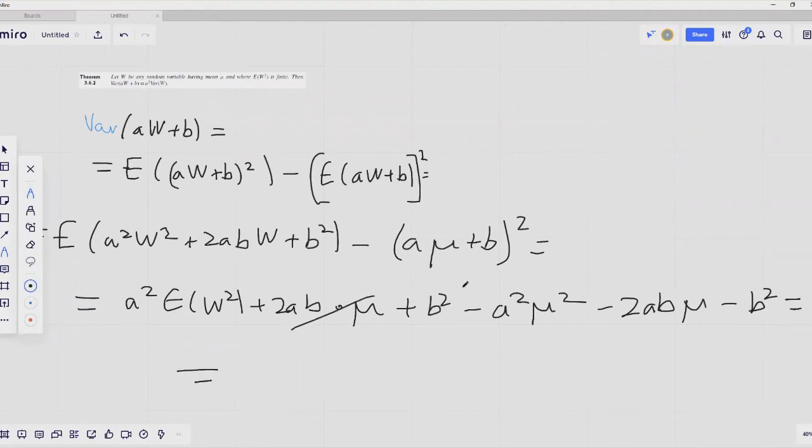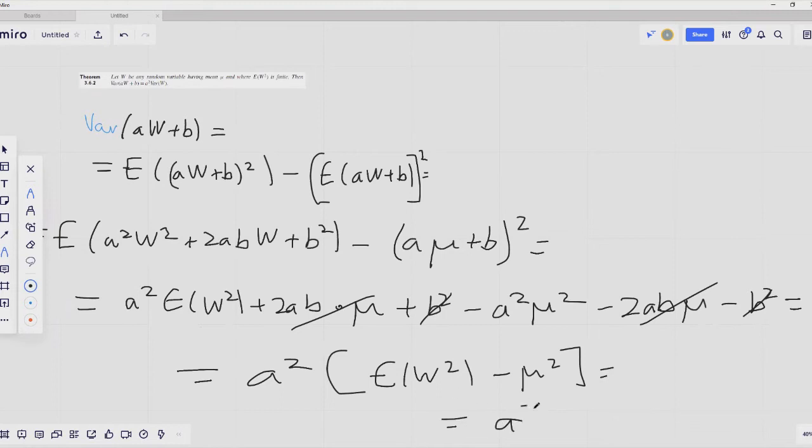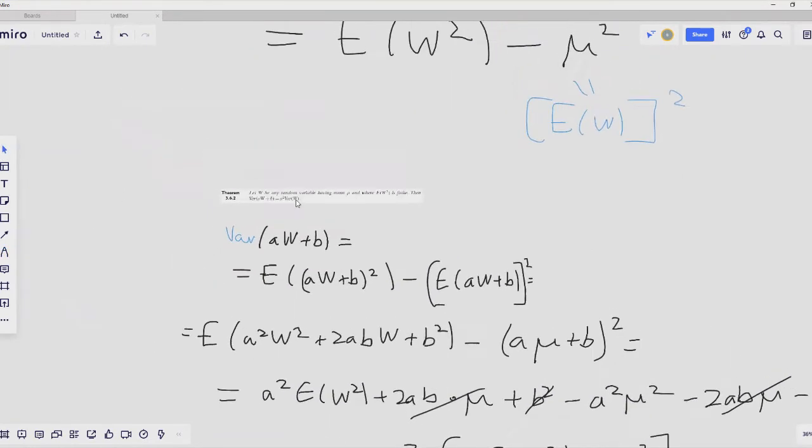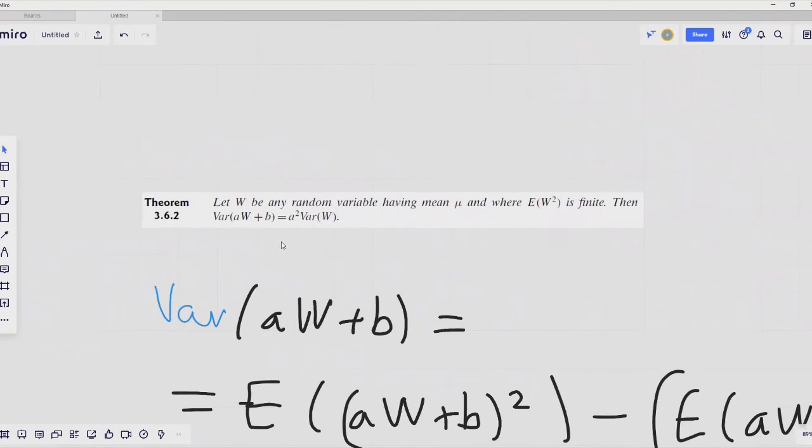Those two are going to cancel out. Those two are going to cancel out too. So all we are left with is A squared, factoring it out, times the expected value of omega squared minus mu squared, which is the variance of omega. A squared variance of omega. So the variance of A omega plus B is equal to A squared variance of omega.